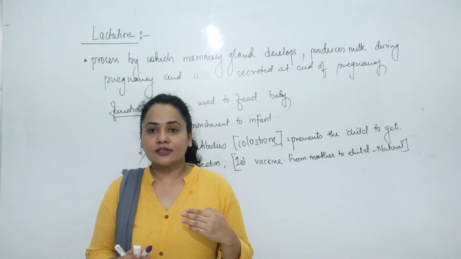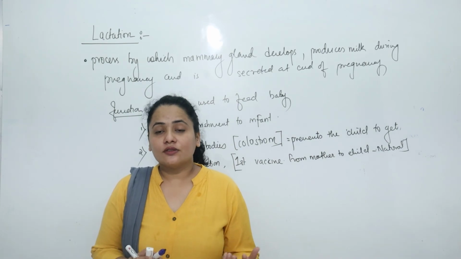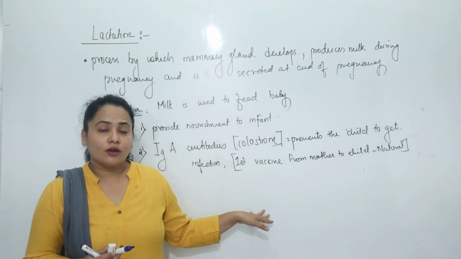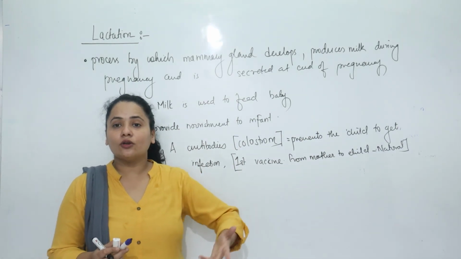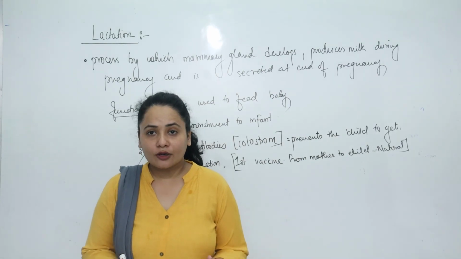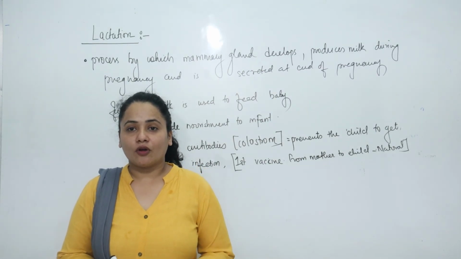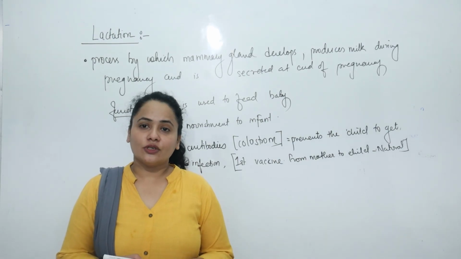So the initial days' milk that is secreted is rich in IgA, and it is also called colostrum. So this is all about the chapter on human reproduction, and here we end with the topic of parturition and lactation.